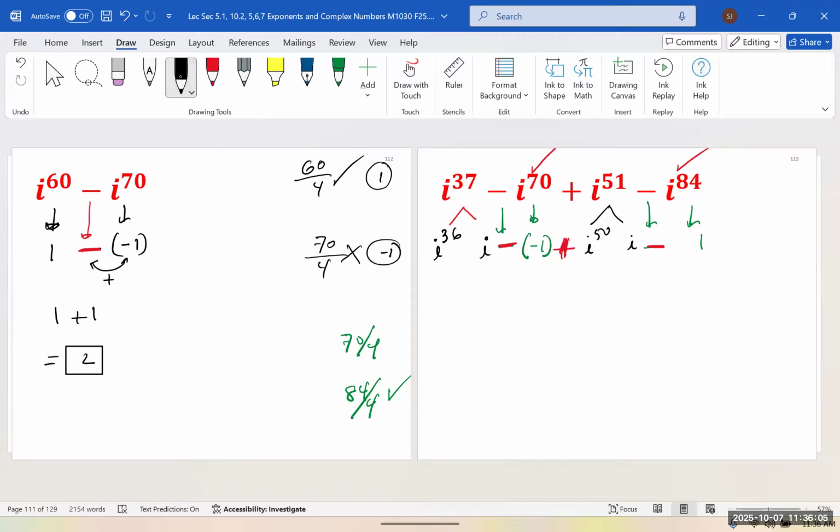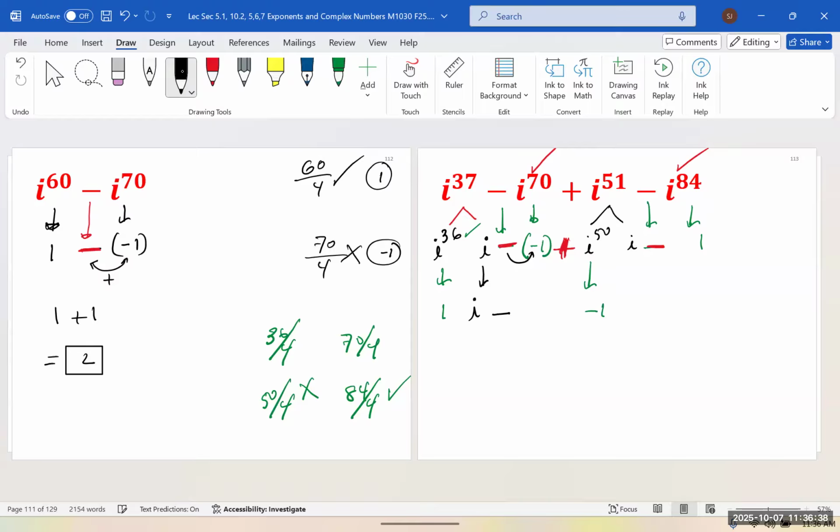Now here, 36. Can we divide 36 by 4? Yes, so this gives us positive 1. For 50, can you divide 50 by 4? No. So this gives us negative 1. Now let's write down everything else. We have an i here, this one, minus.